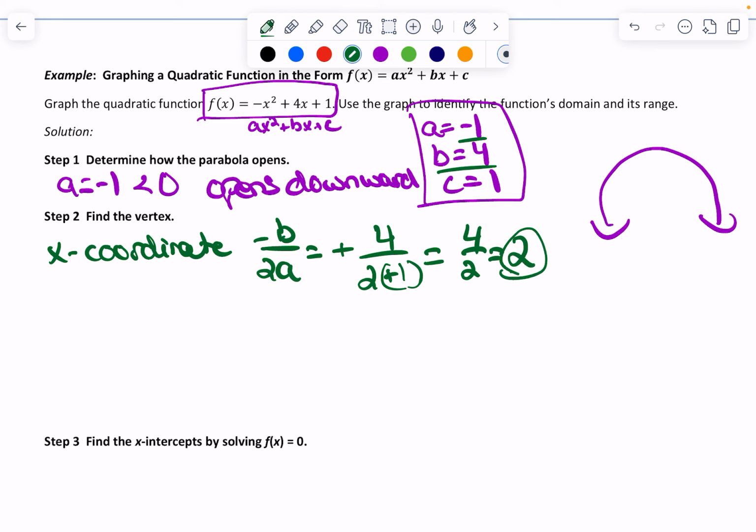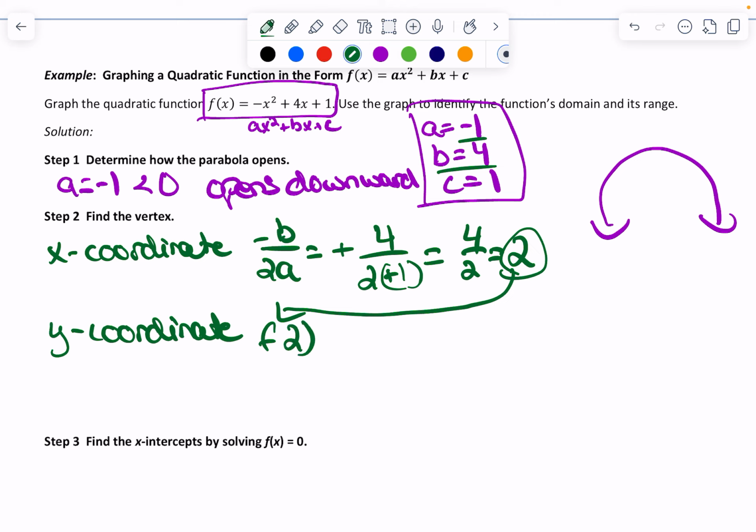Now, when we're calculating the y-coordinate, we are plugging this into our function. So f of 2. We're going to take our function, -x squared, and instead of the x, we're writing 2 squared plus 4 times 2 plus 1. And again, notice that this negative sign here is outside of the x squared.